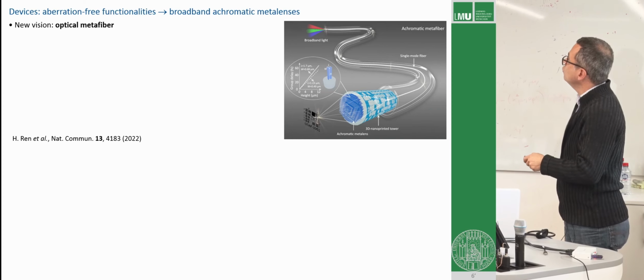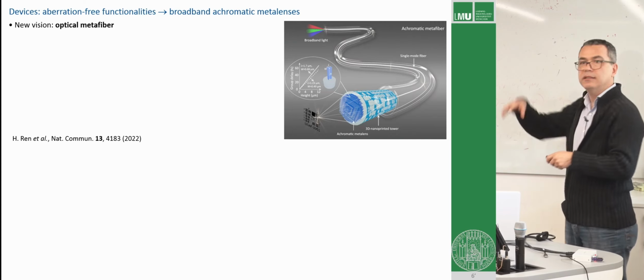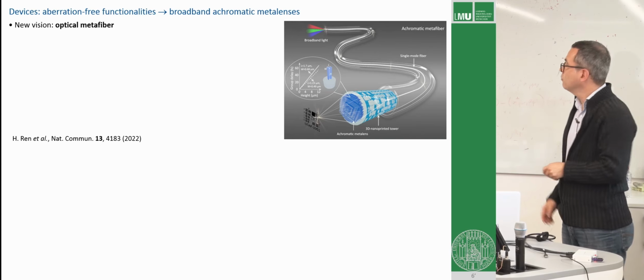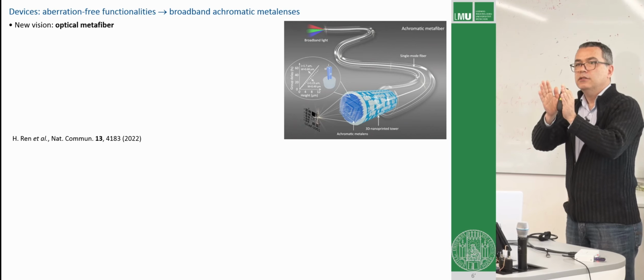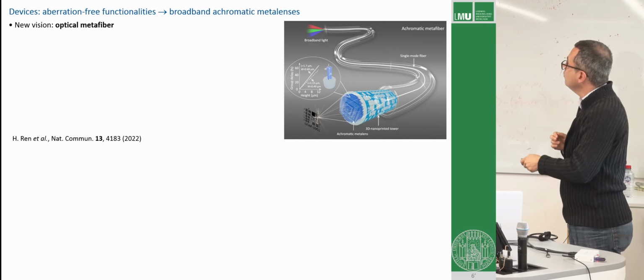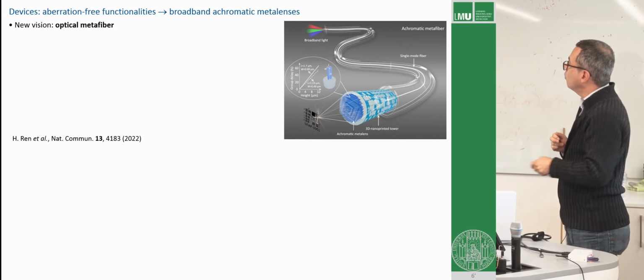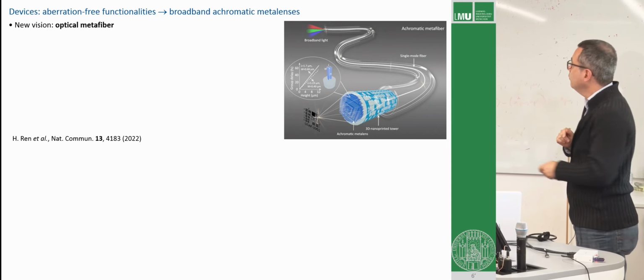And then if you just couple white light here, this metalens, which is fabricated on a tower, which also is built at the end of this optical fiber, is there just to allow the light to get a little bit broader so that you can illuminate the whole metasurface. All these wavelengths would be focused at the same position. So you produce an achromatic lens, which is flat.